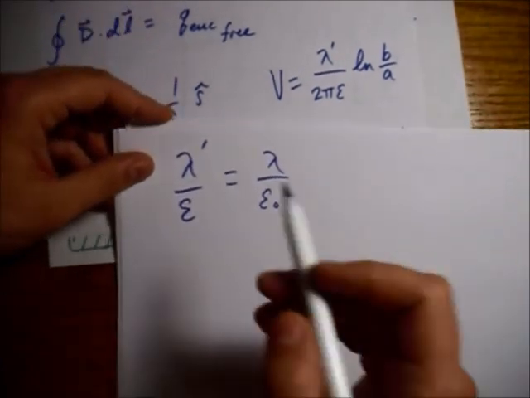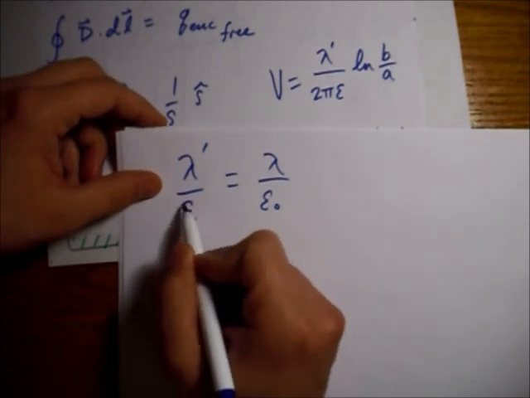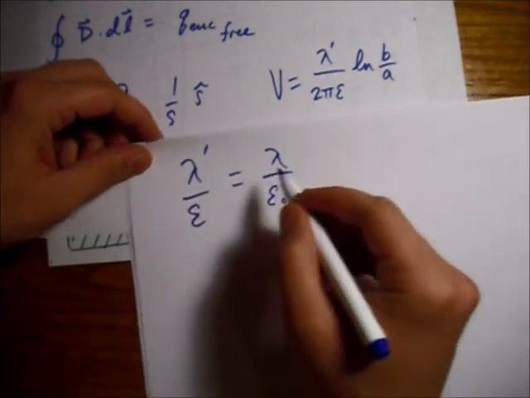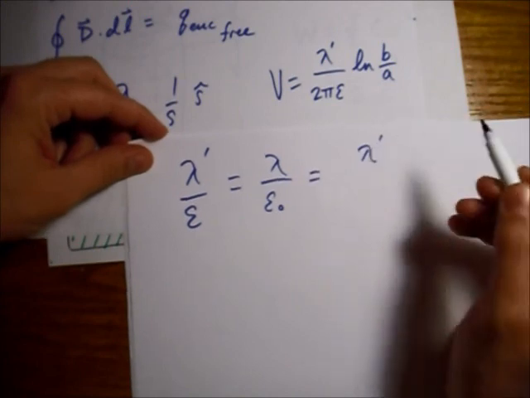Oh, gee. For linear dielectric, what we have now is this permittivity, right, is equal to, let me bring this over to this side and write it out again. So here's our lambda.